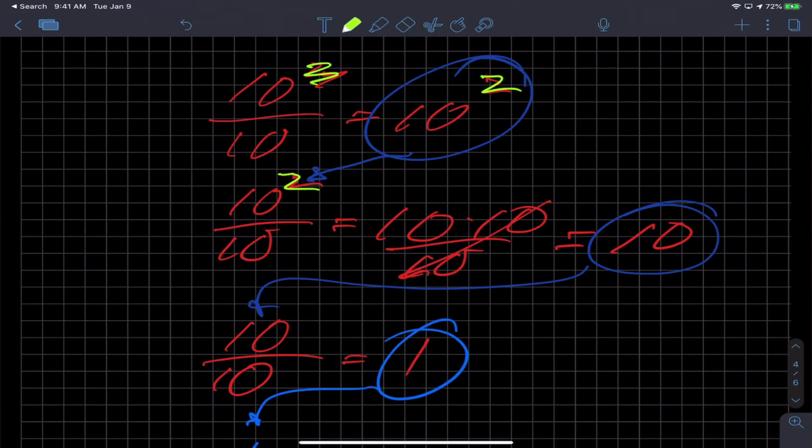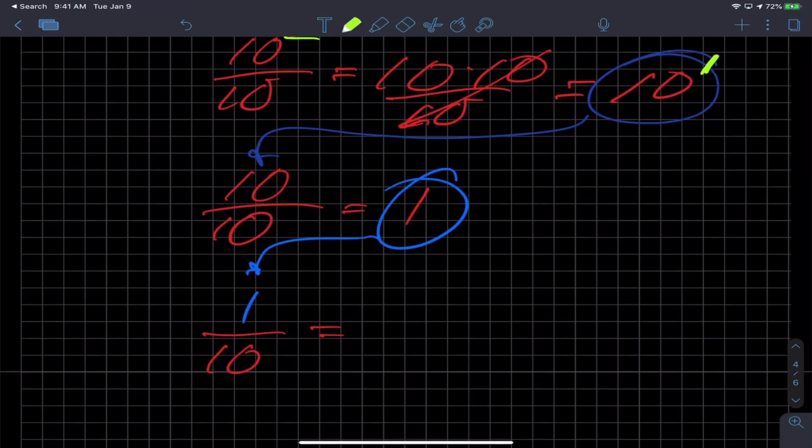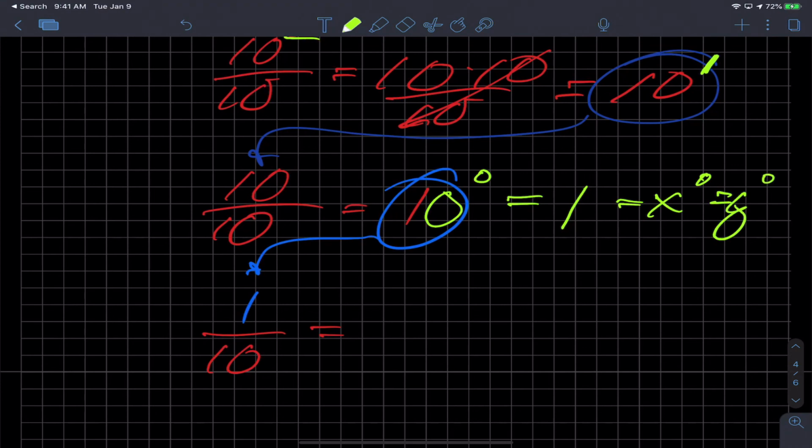When I took 10 squared and divided by 10, I got 10 to the first, right? And then if I take 10 to the first and divide it by 10 again, I'm going to get 10 to the 0, which, by the way, is 1. Anything to the 0 is 1. Anything raised to the 0 is equal to 1.